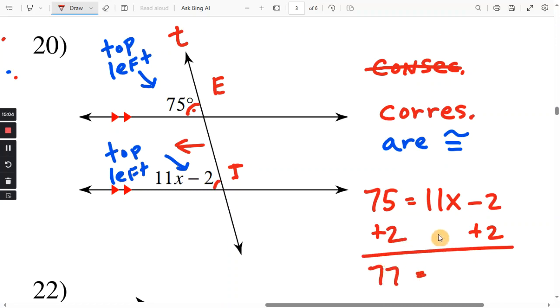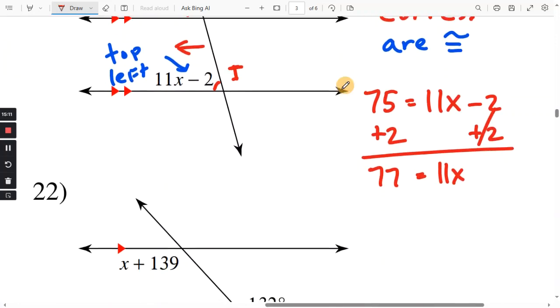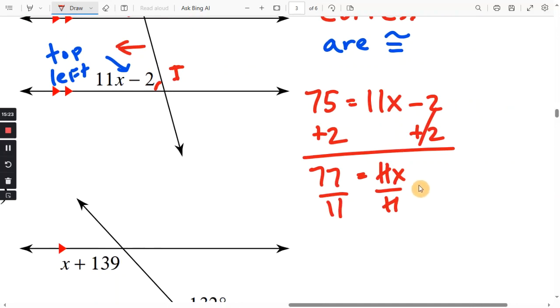Bring down the equals, bring down the 11x, and minus 2 plus 2 is gone. Here we have x times 11. The opposite is divided by 11. The 11's cancel. 77 divided by 11 is just 7. And we're left with x equals 7.